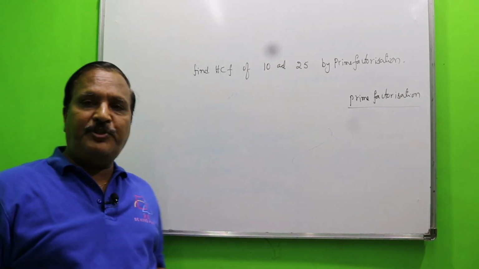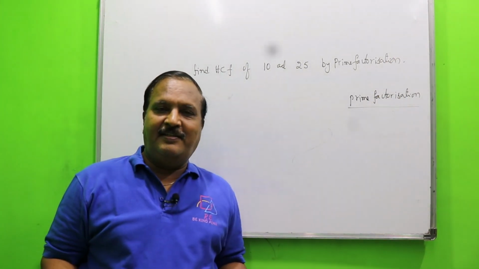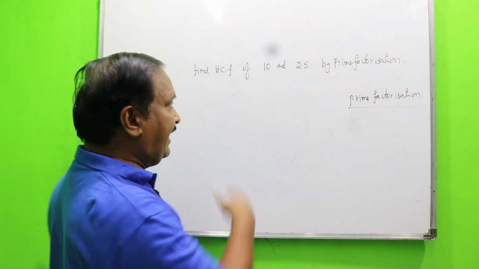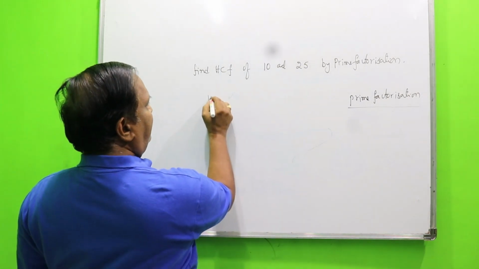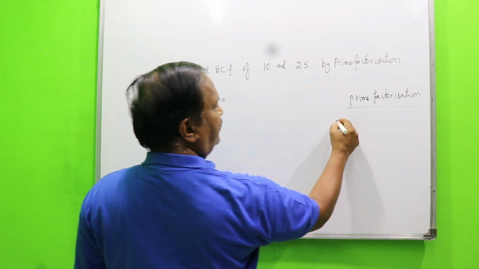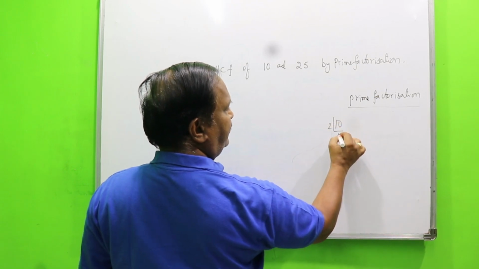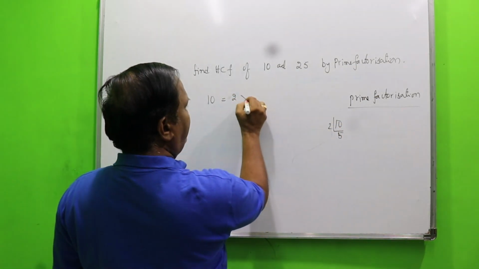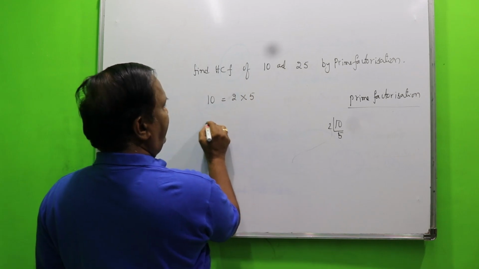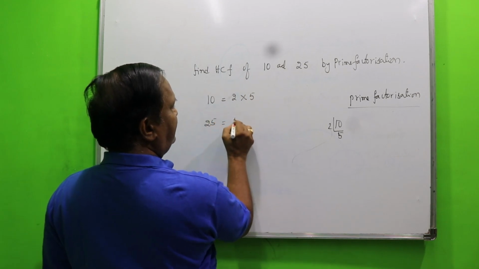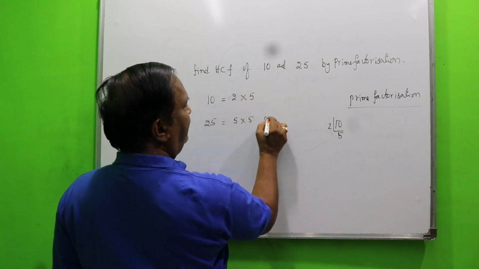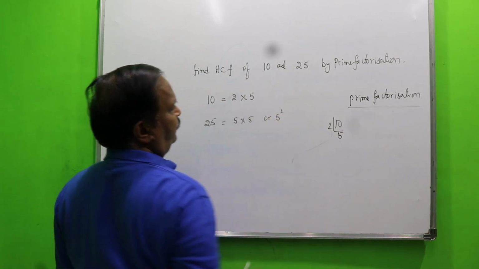So every composite number can be expressed in a unique way. The factorization is unique. 10, how to write 10? Very simple, 2 into 5. 25 is 5 into 5 or 5 to the power of 2.